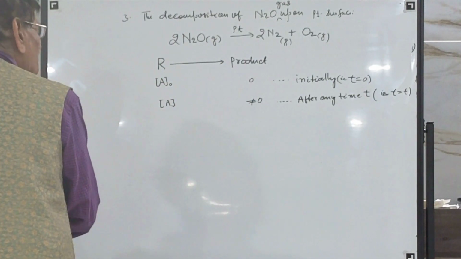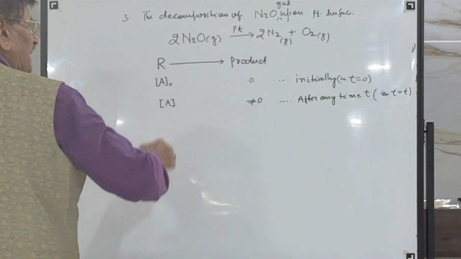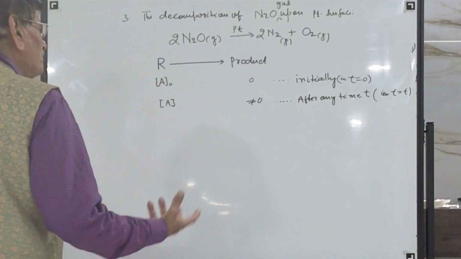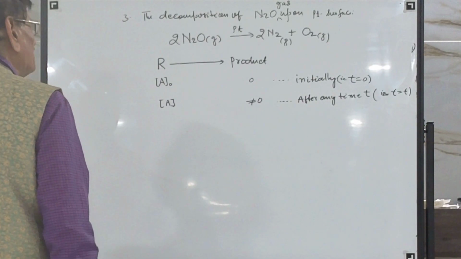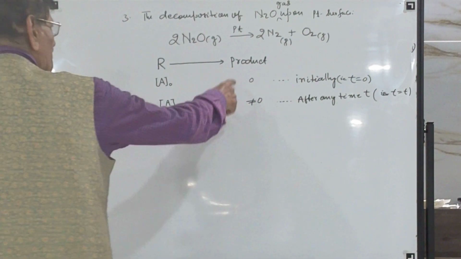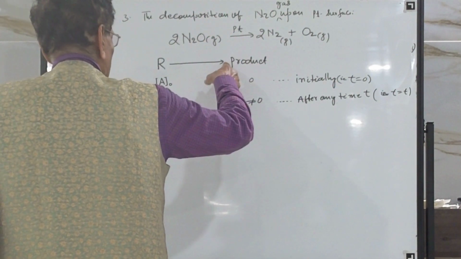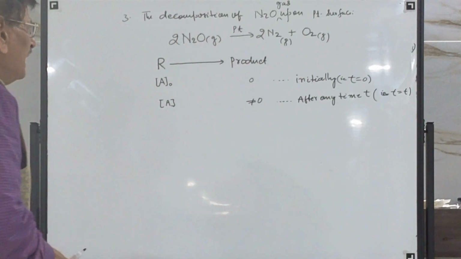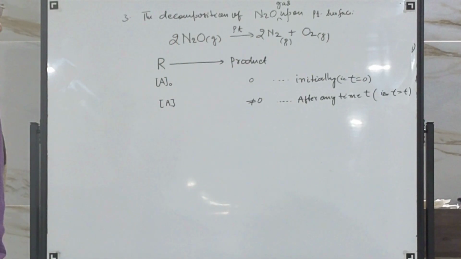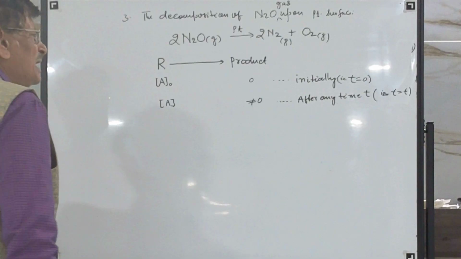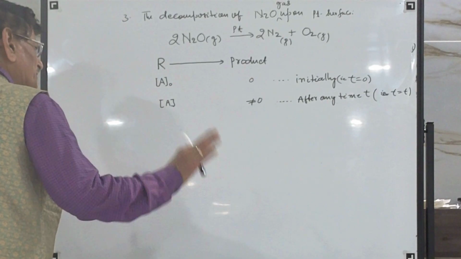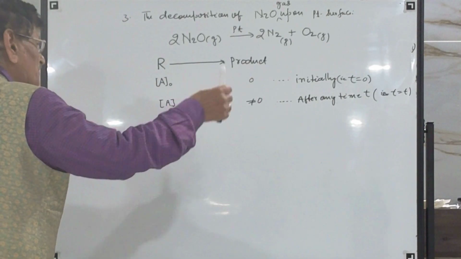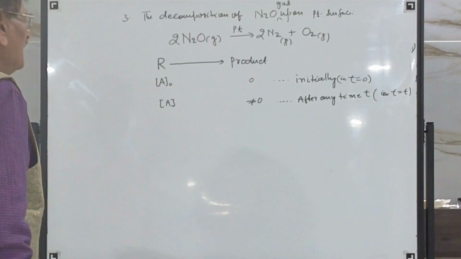It may be A naught minus A. But what will the actual concentration be? That will depend upon the stoichiometry or the chemical equation, whether it is one or two or three. I simply write that the product concentration is something more than zero.